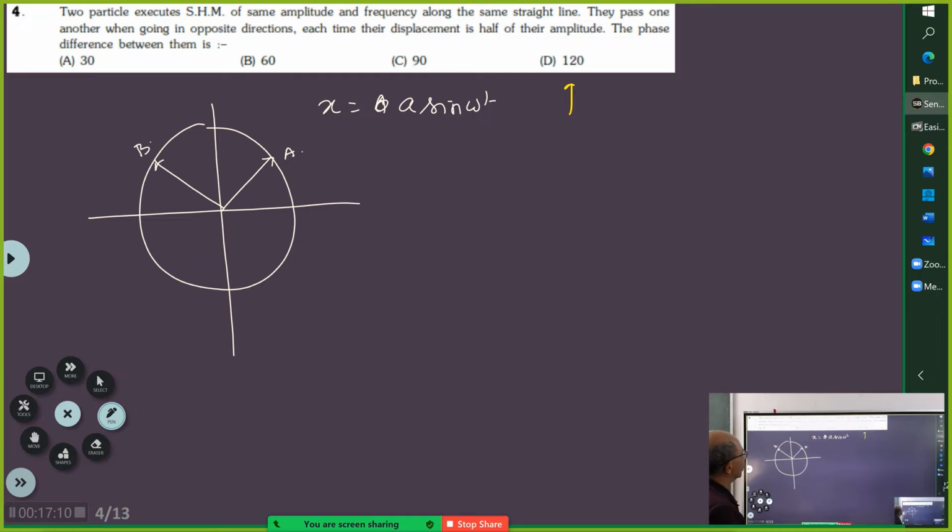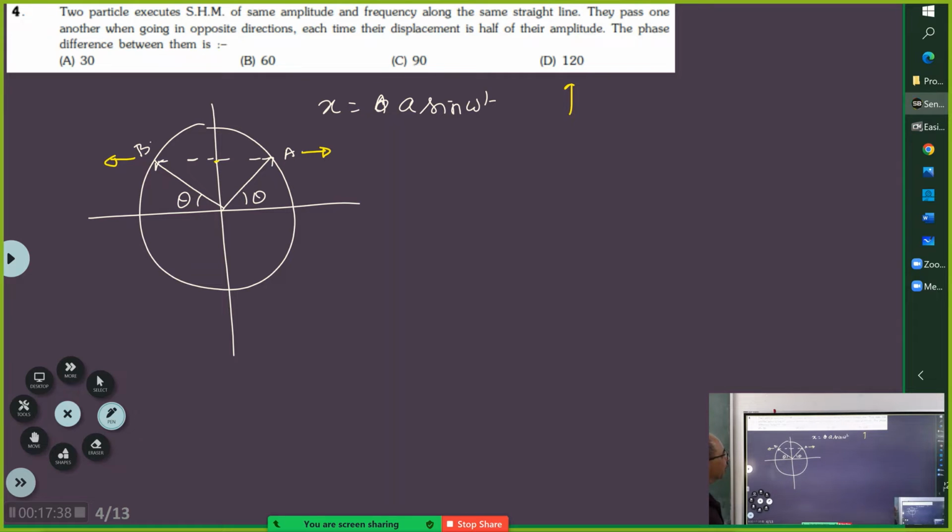Should be there because the displacement is the same, right? So if you take this as theta, this should also be theta, and the displacements are same. Only thing is, as we have seen earlier, this is going in this direction, and this particle must be going in the opposite direction, but both of them are at the same position.